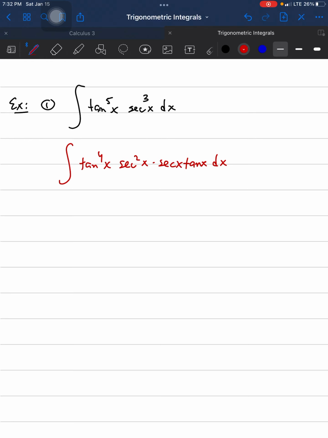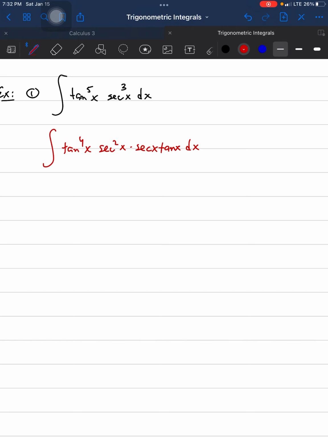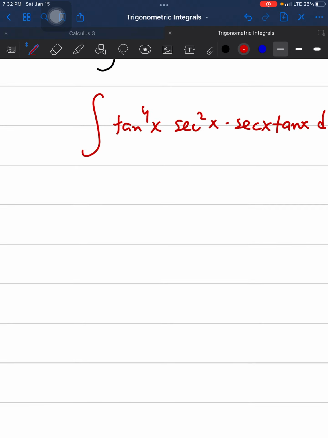We factored out that secant x tan x. Now, when we look at this problem, we don't see a tan squared x just yet. So we need to rearrange this a little bit more so we're able to substitute the Pythagorean identity. In order to make a tangent squared x, all we have to do is look at the tangent to the fourth x.